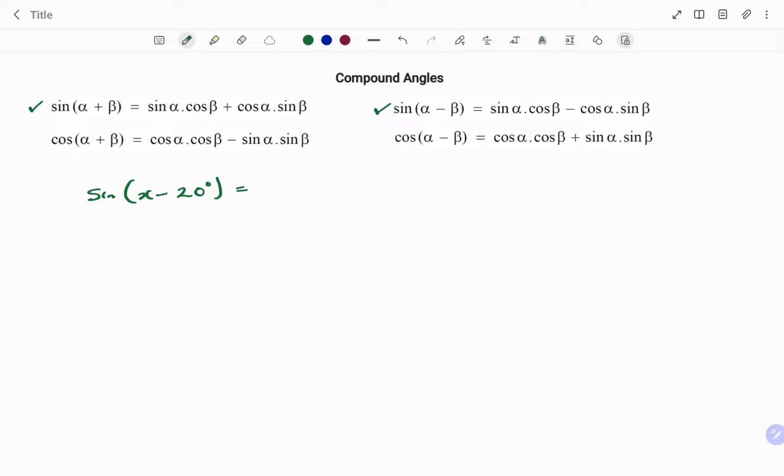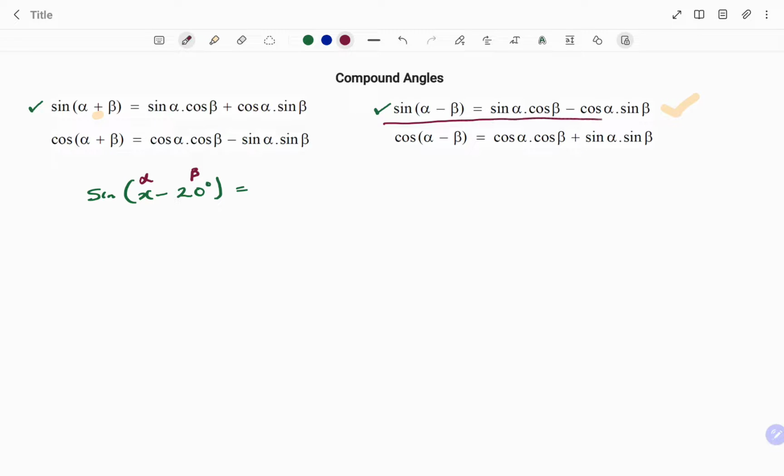If you look at the angle in the bracket, it says x minus 20, so the sign we're looking for is the minus sign. This is the plus sign, and then this is the minus sign, such that we have sine alpha minus beta is similar to x minus 20. So if I compare it with this expansion, this will be my alpha and this will be my beta.